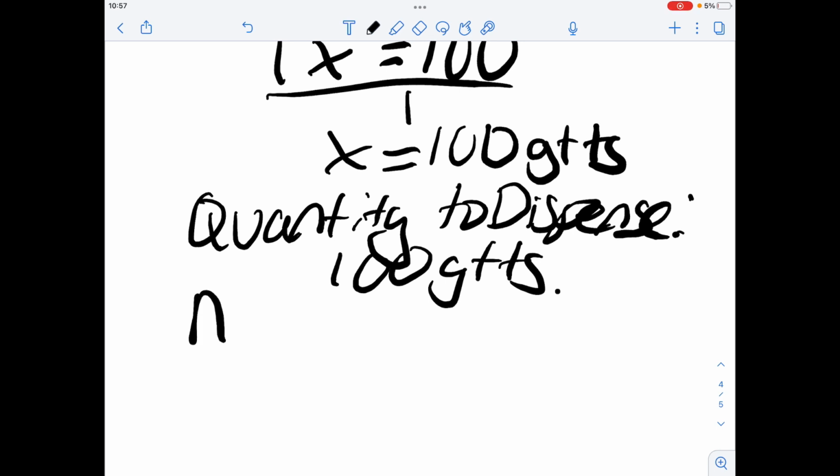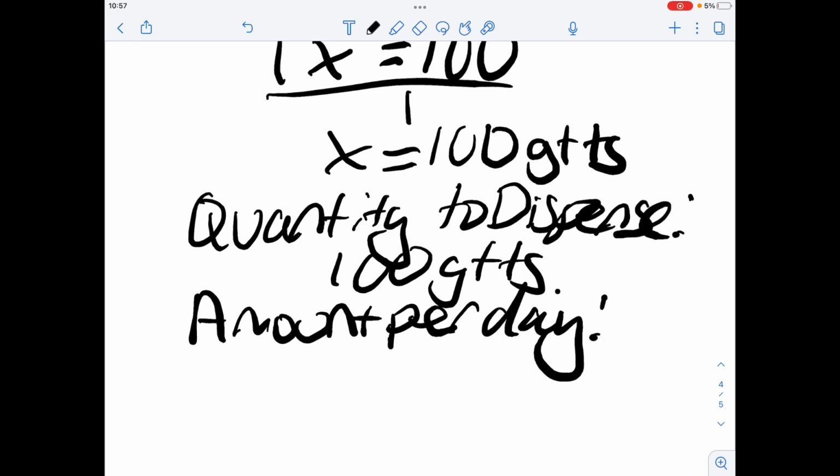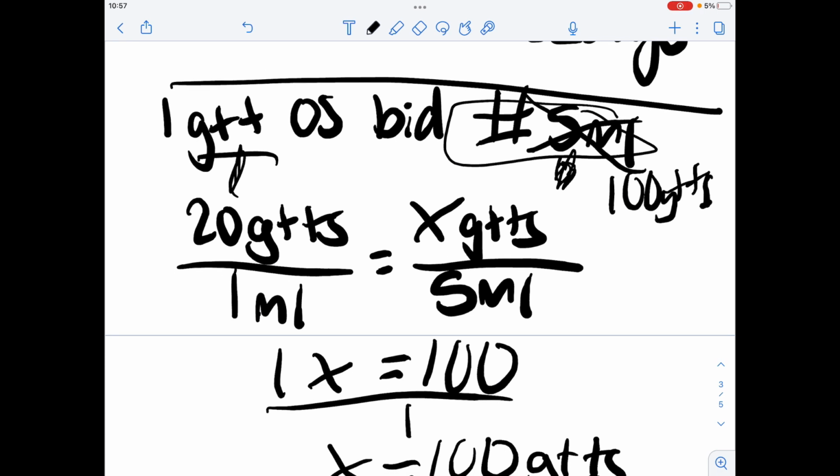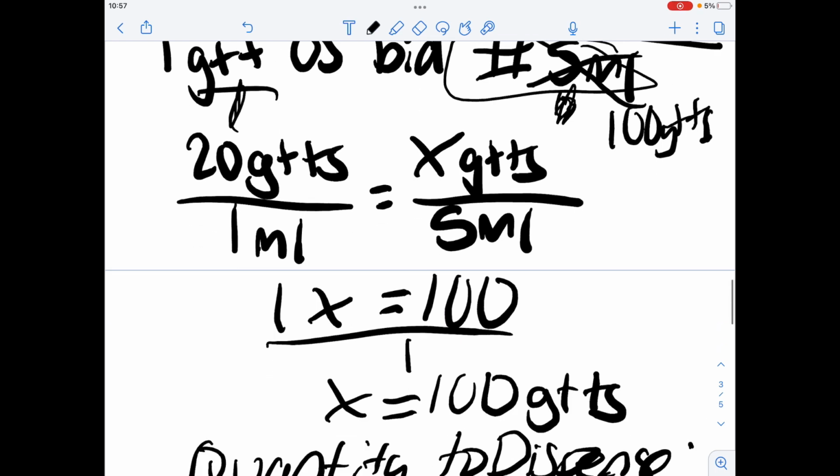Now we need amount per day, and we get this from dose times frequency. Looking at the equation here, we have 1 drop in the left eye twice a day. So our dose is 1 drop in the left eye, and our frequency is twice a day.